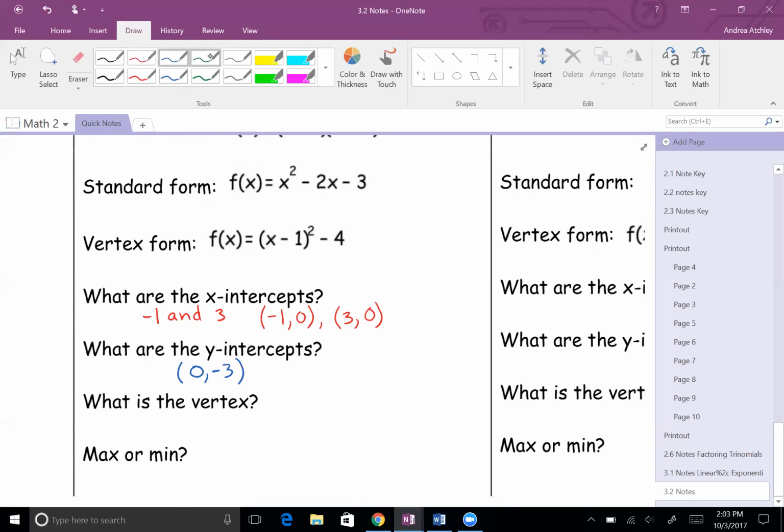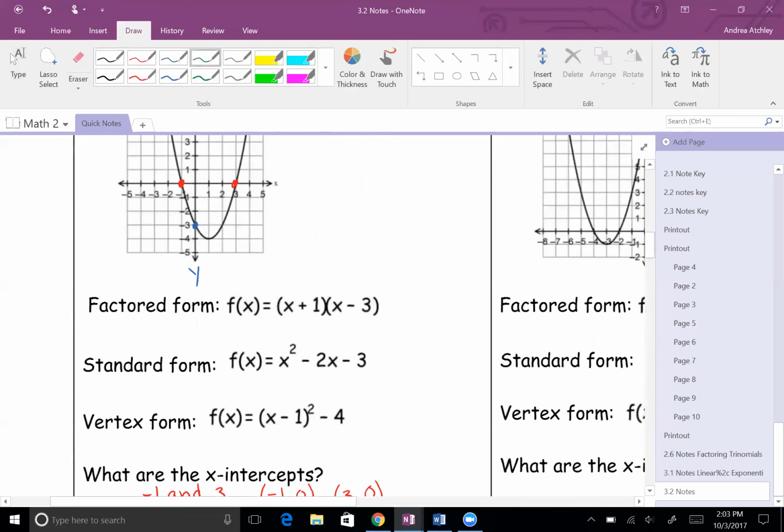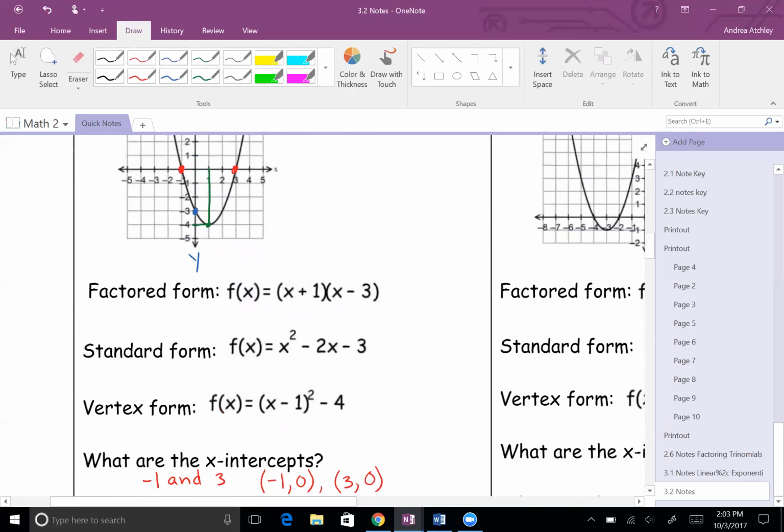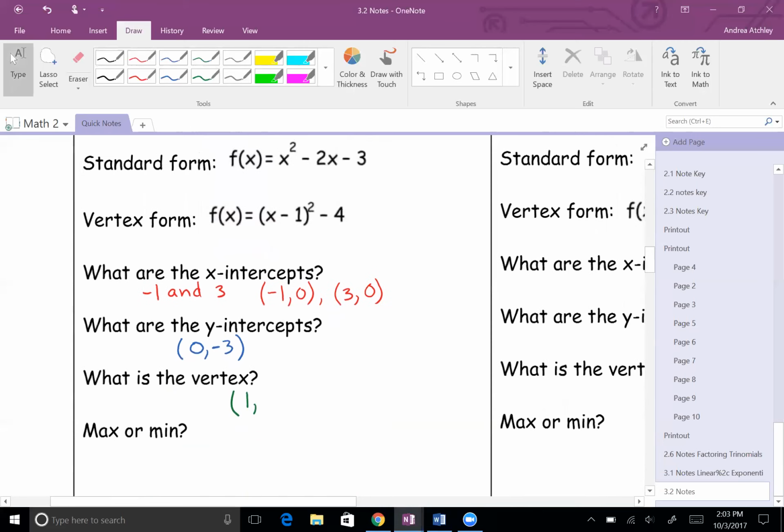And then we want to identify the vertex. So I'm going to go here. Okay, remember it's an ordered pair, so we need an x value and a y value. The vertex, the x always goes first, and the x was 1. And the y value is next, and it was at -4.